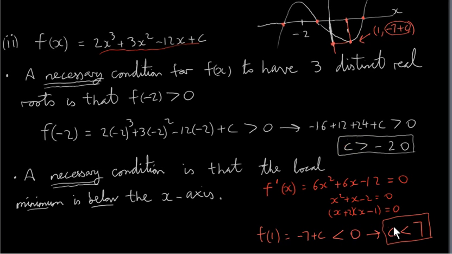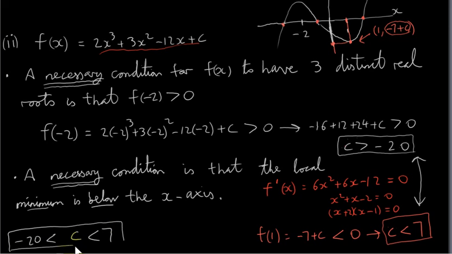If we put these two necessary conditions together, we see that the sufficient condition for f of x to have three distinct roots is that c must be greater than minus 20 and it must be less than 7. So if c lies between minus 20 and plus 7, then we have three distinct roots to our function.